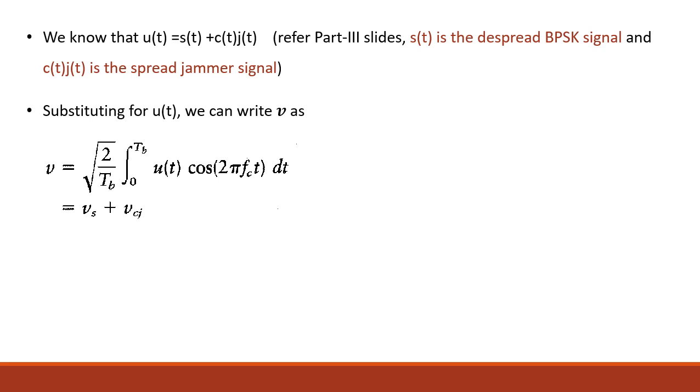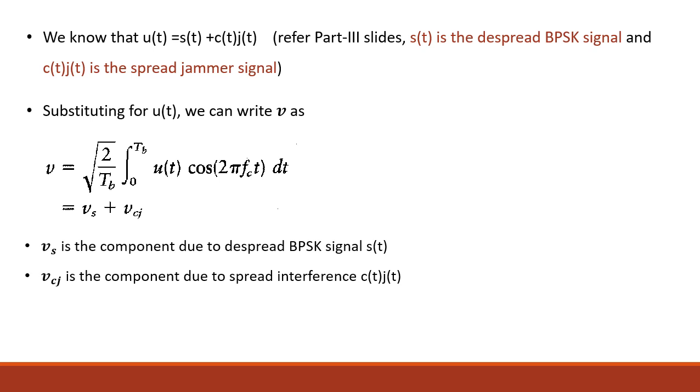Now this substitution, the resulting expression can be written in two parts, that is V can be written as the sum of two terms Vs and VCJ. Here Vs is a component due to the DS BPSK signal S of t, and VCJ will be the component due to the spread interference C of t into J of t.